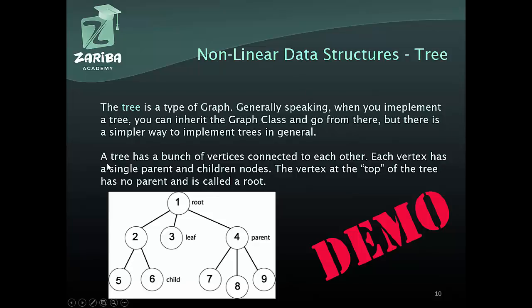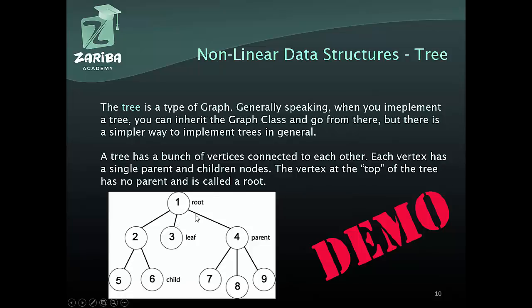Okay, a tree has a bunch of vertices that have some connections between them. Also, each vertex has a single parent and some children nodes. The vertex at the top is called a root.